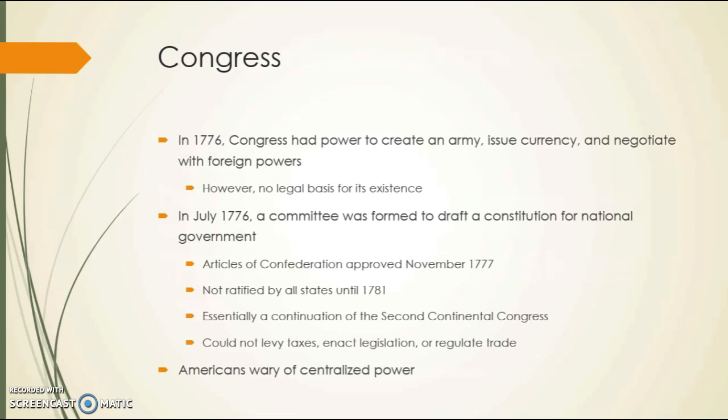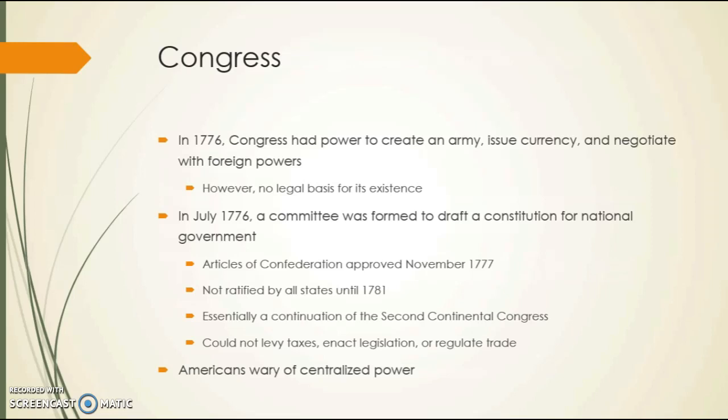So in 1776, a committee was appointed to draft a constitution for national government, and this was approved in November of 77 and was called the Articles of Confederation. This wasn't ratified by all states until February of 1781. We'll get to that in a little bit. Essentially, this constitution was basically a continuation of the Second Continental Congress.